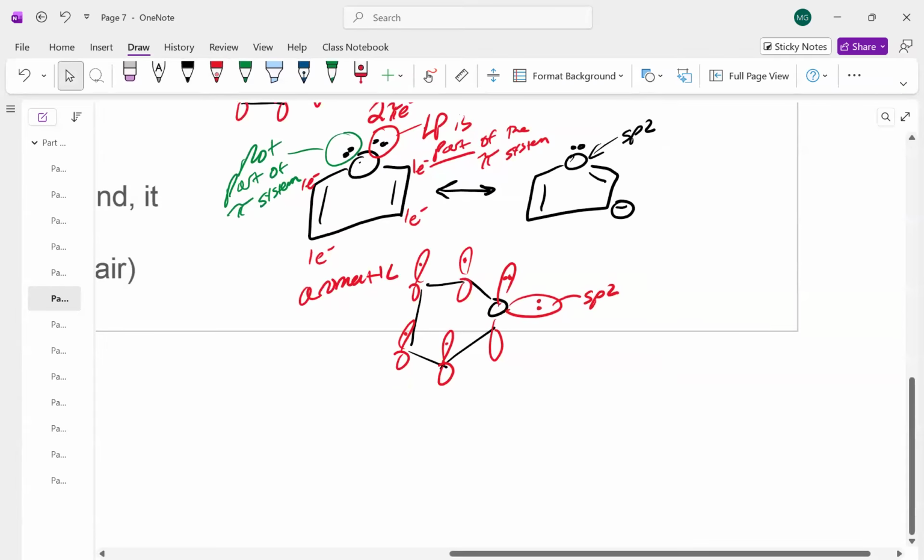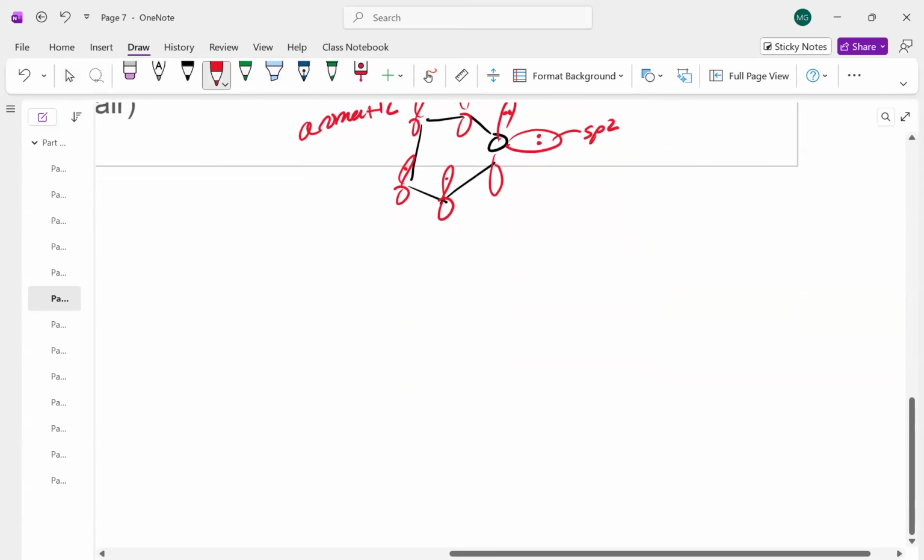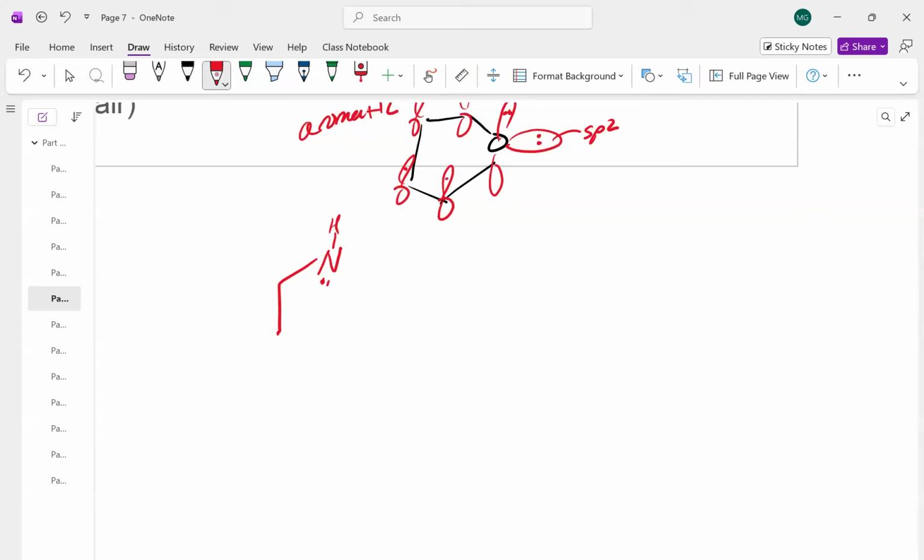So let me look at one more example, and I'm going to illustrate an important concept here, especially when we're doing nitrogen heterocycles, because nitrogens are basic, tend to make basic compounds. Now, I'm going to ask you one question first.